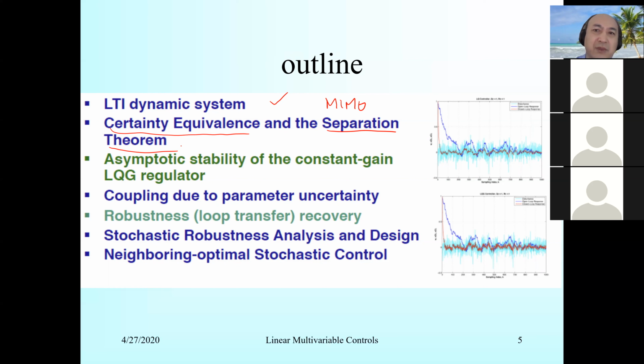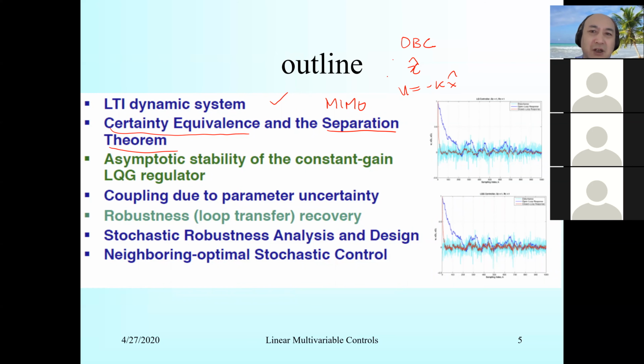With observer-based control, you have an estimator, then you treat the x hat as if it's the real x and design your state feedback, so u is minus k x hat.